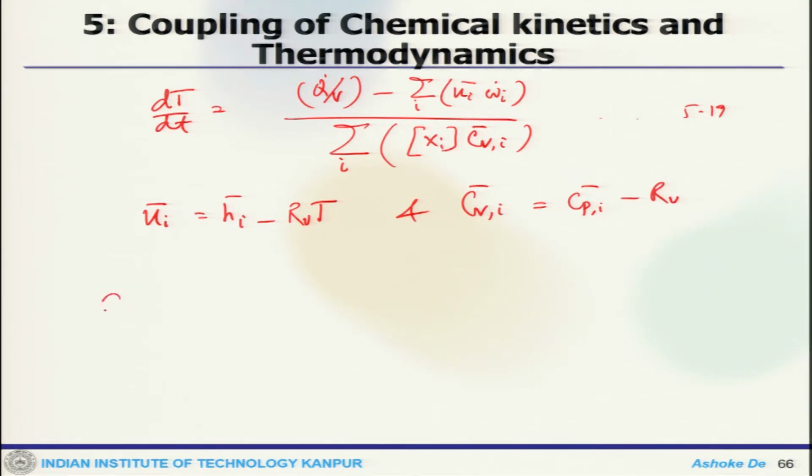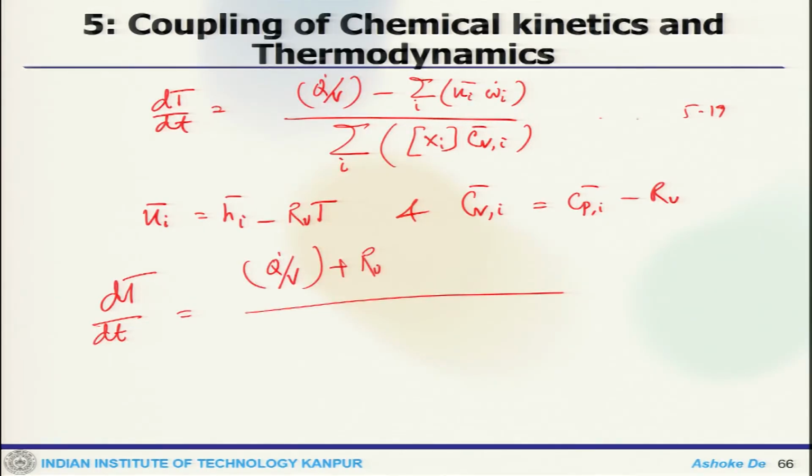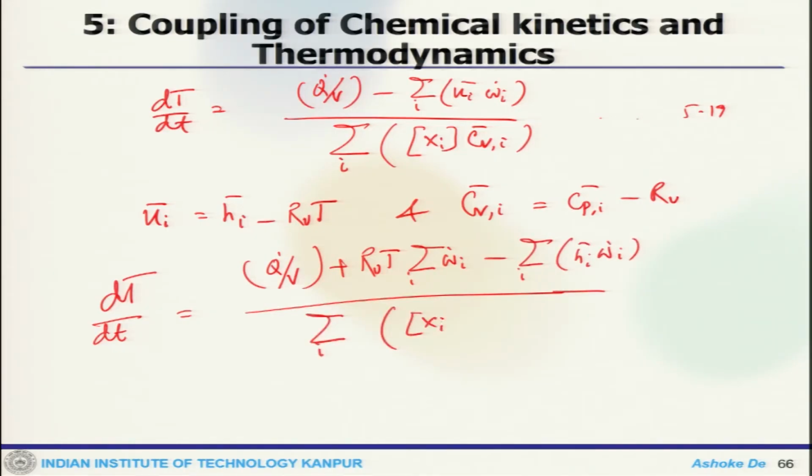So, once we put them back, we get dT/dt equals q dot by V plus summation of omega dot_i minus h_i by summation of this, c_pi minus R_u. So, this is what we get.